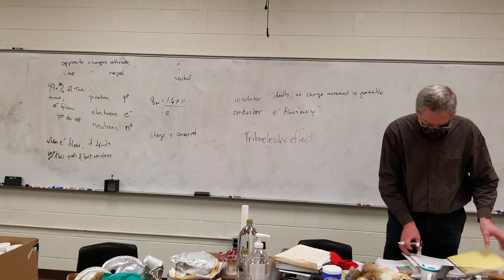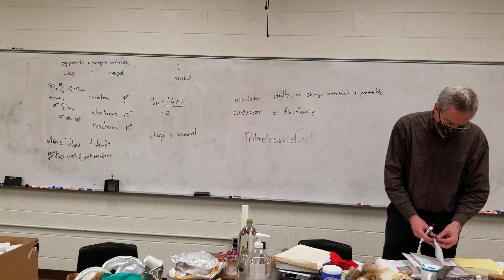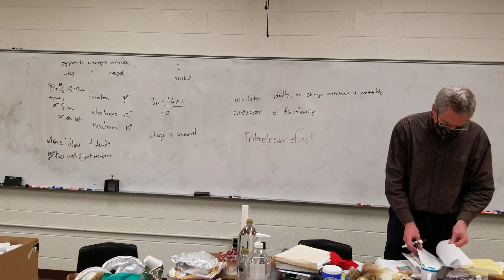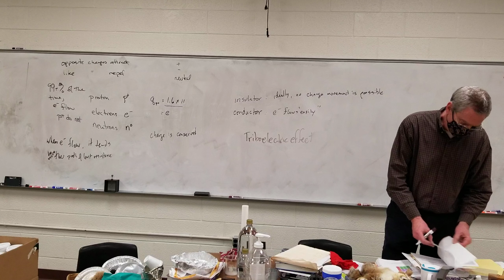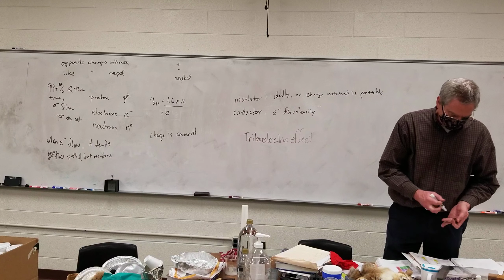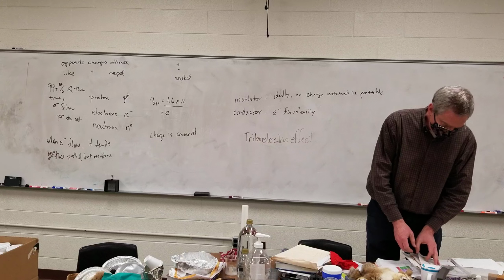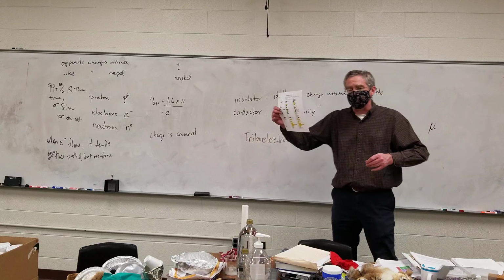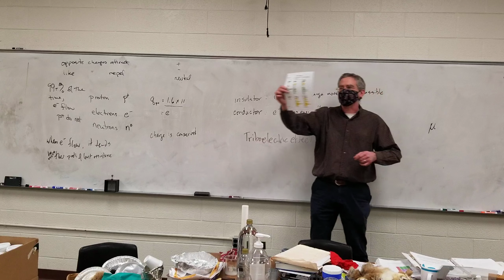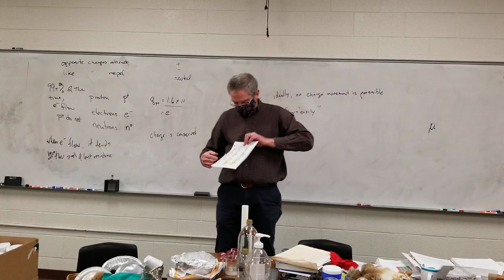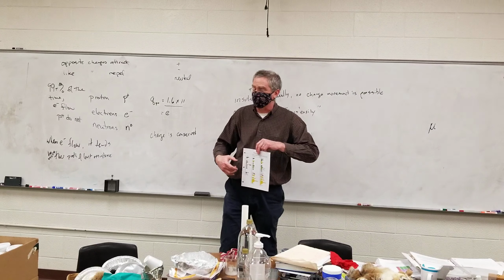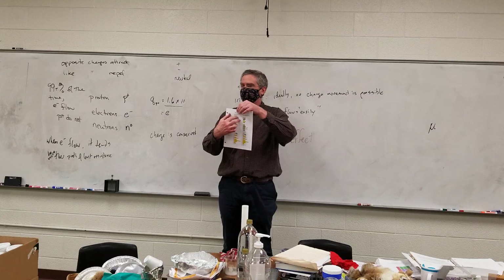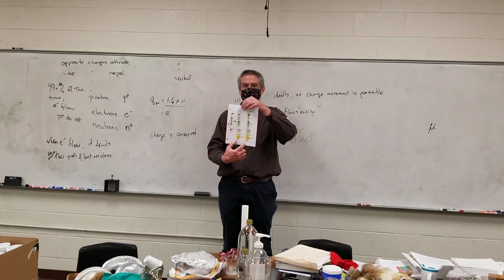Let's see, over here. There it is. I'm not expecting you to pick up the details, but at least see that there's a list of materials, and if you take two materials from this and rub them together, the ones at the top are more likely to lose electrons, the ones at the bottom are more likely to gain electrons as they rub.